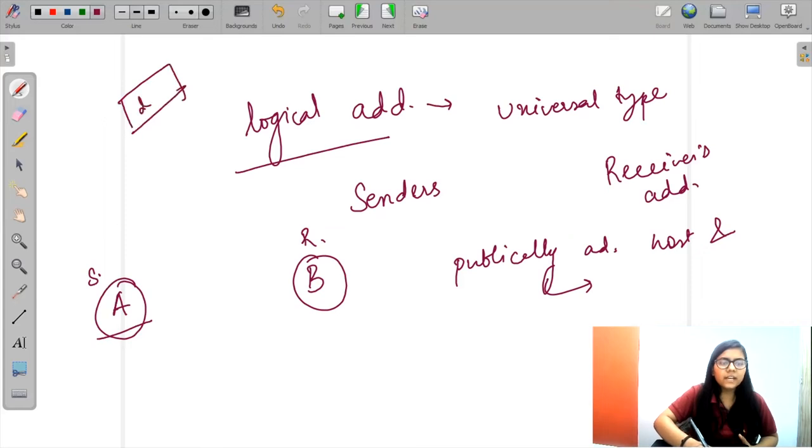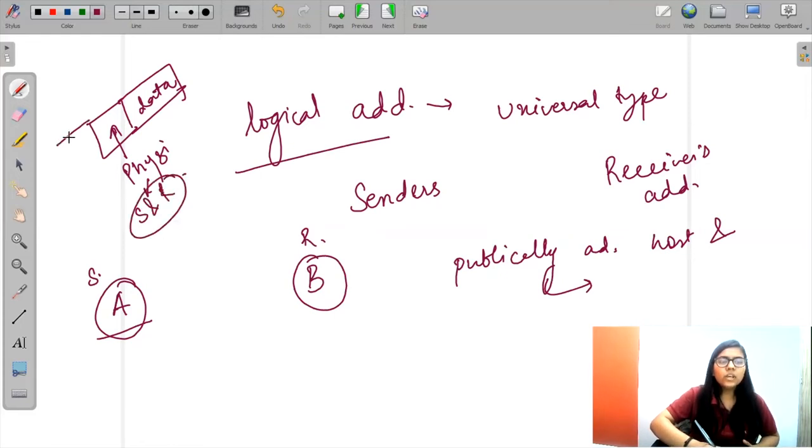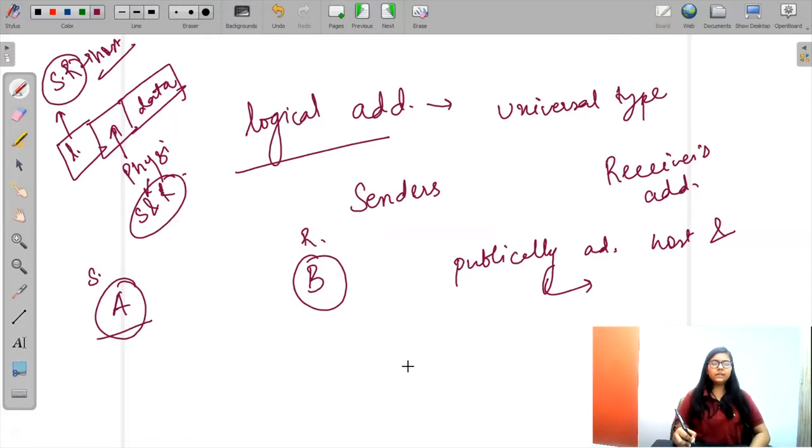If this is the data, here we are adding the physical addresses. Physical addresses are basically the sender and receiver link addresses. And here the logical addresses are added, which are the sender and receiver host addresses. So this is the difference between physical addressing and logical addressing.